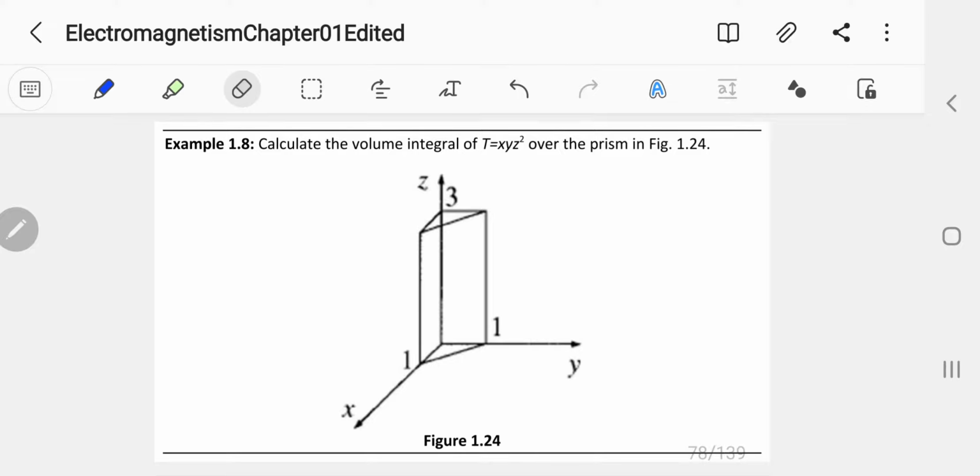So you have a prism here, in which x and y are related to each other by a linear relation.